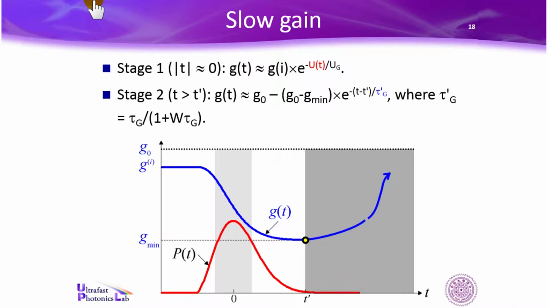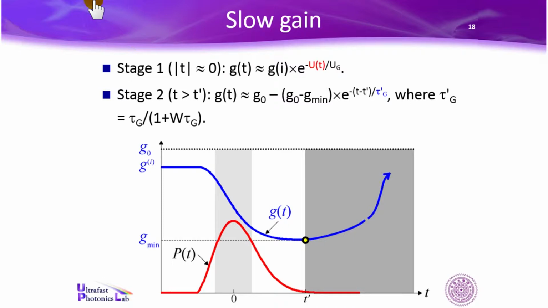When time increases, your gain slowly recovers to initial gain, actually trying to recover to the small signal gain. But since this is a pulse train, it can only recover back to initial gain rather than small signal gain. And the formula is like this.